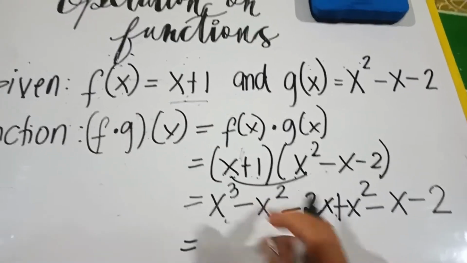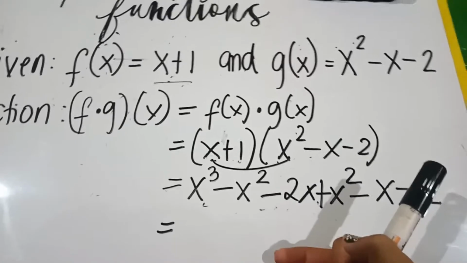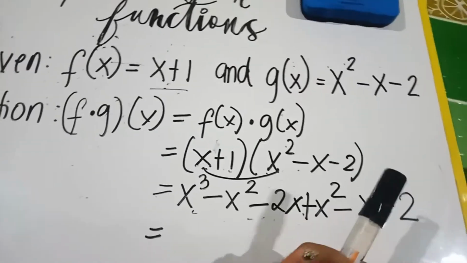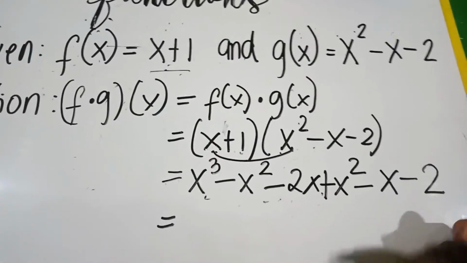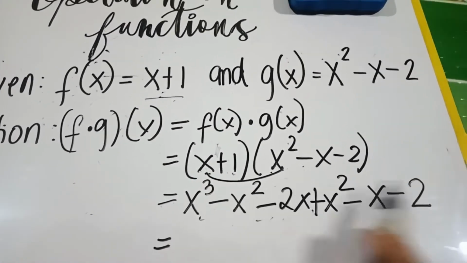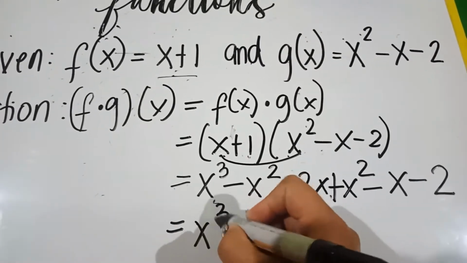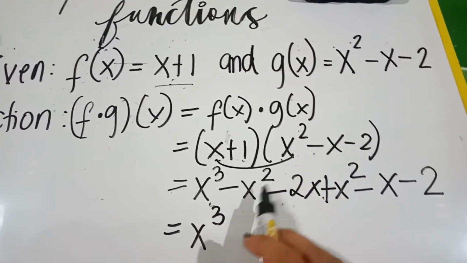Kapag sinabi nating like terms, pareho sila ng variable at the same time, pareho sila ng exponent. Okay lang na magkaiba yung kanilang coefficient. So, x cubed, may kapareho ba si x cubed? Kung titingnan natin, wala. So, we are going to bring down x cubed. And then, what about x squared?